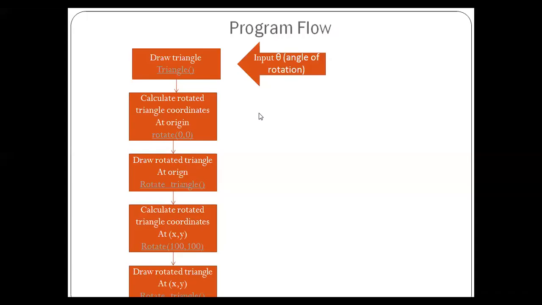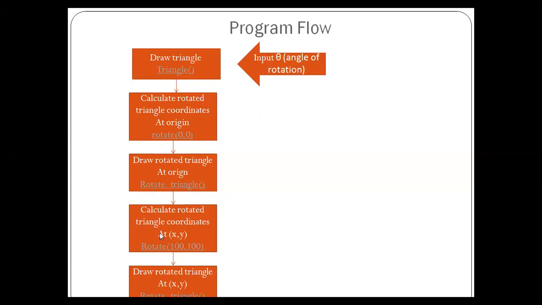This was about the program, how to rotate a triangle from the origin and also from the fixed point. I will draw the triangle, I will calculate the coordinates of the new triangle after rotating by some angle with respect to origin, then I will draw the triangle. This result matrix is the rotate matrix.